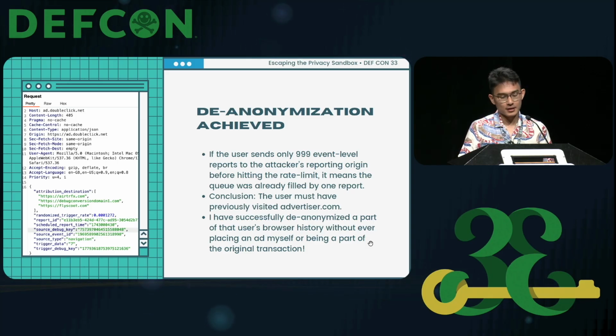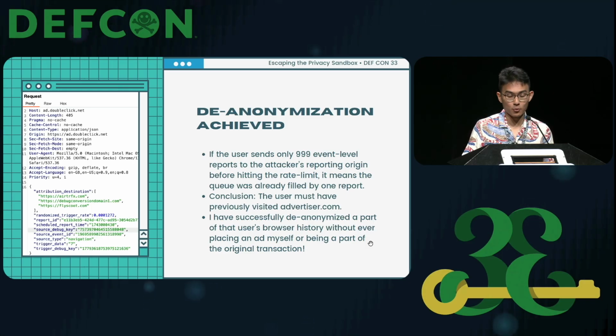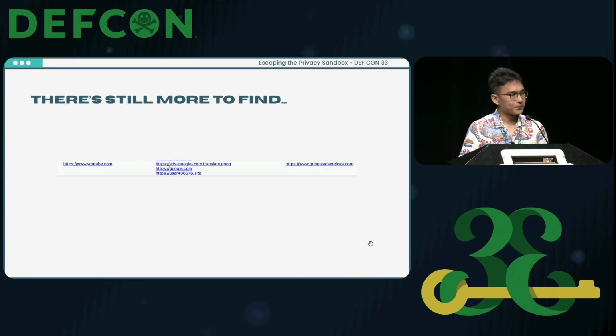More concerning is that this doesn't even require me to be serving a Trojanized ad in any form. It just means that the user has to have visited a website that served a Google DoubleClick ad in the past. So this is all fairly interesting, but there's still more to find.